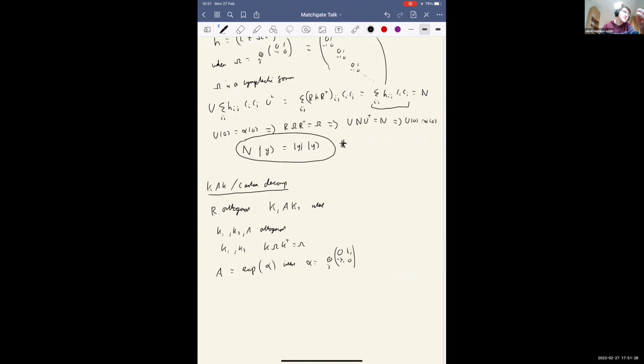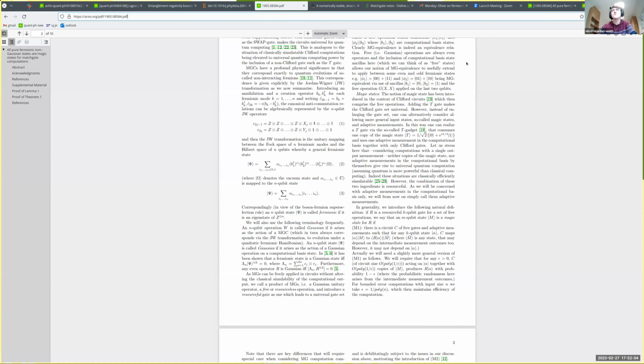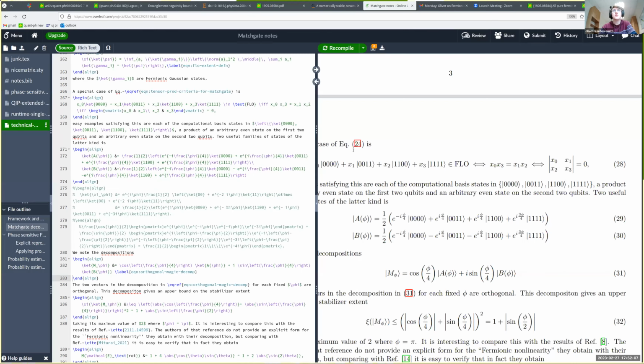Okay, this took way longer than I expected. I was very slow explaining things. But we have this KAK Cartan decomposition of orthogonal matrices. We can lift this to a decomposition of FLO unitaries. It's maybe even easier if I share my screen and my notes again.